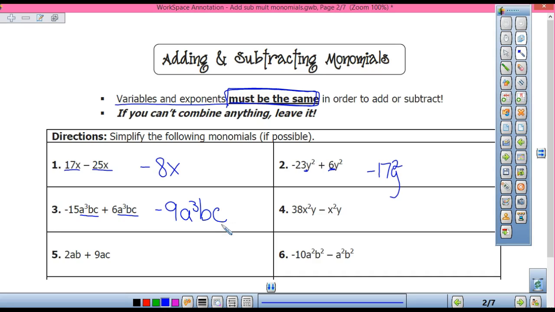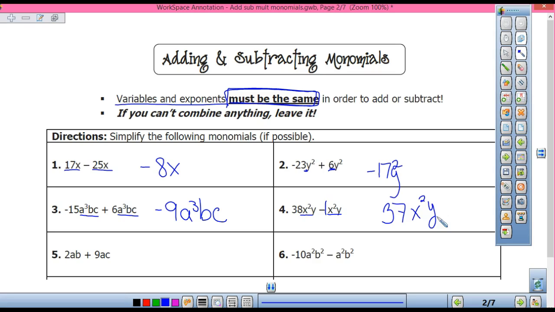Okay, number 4, x squared y. So you're saying that we've got 30 minus what? 1. Perfect. Okay, so 37x squared y.